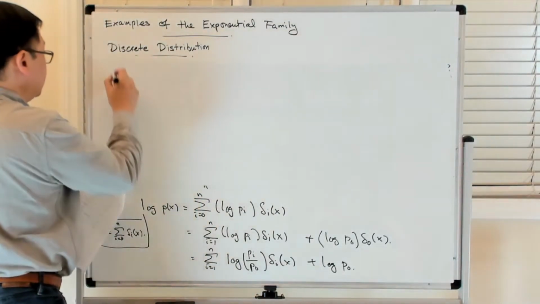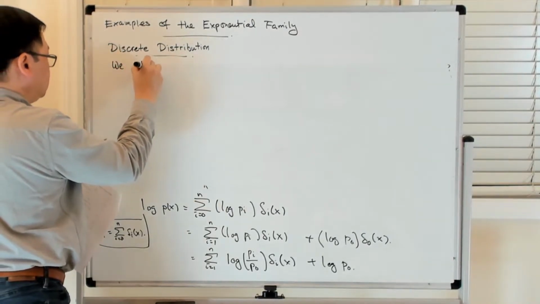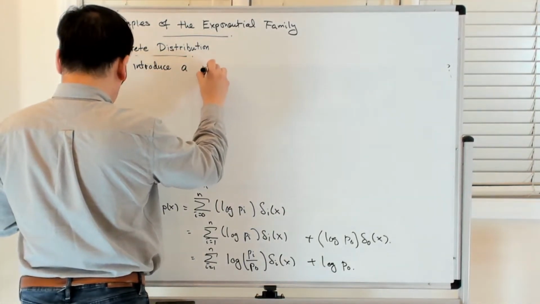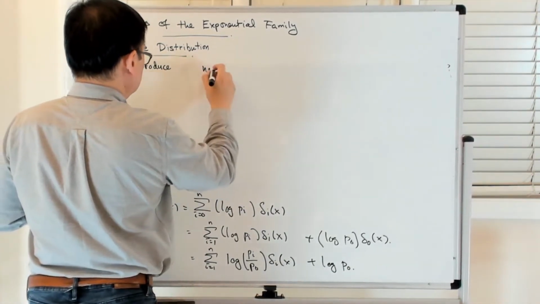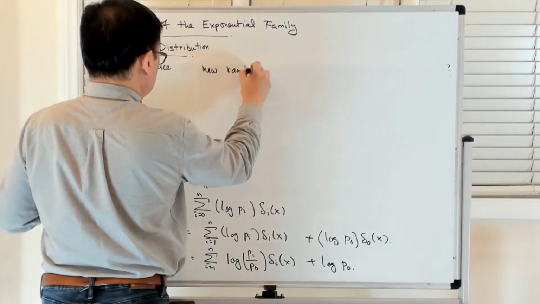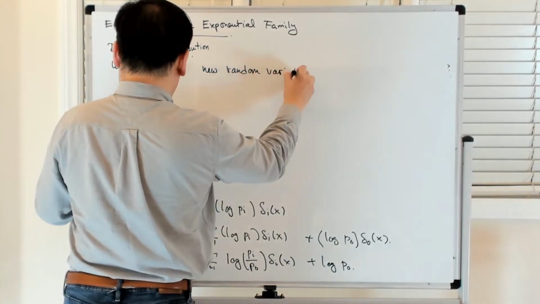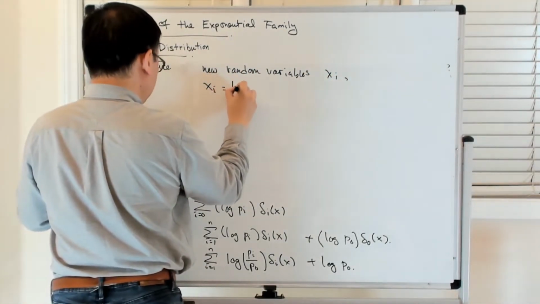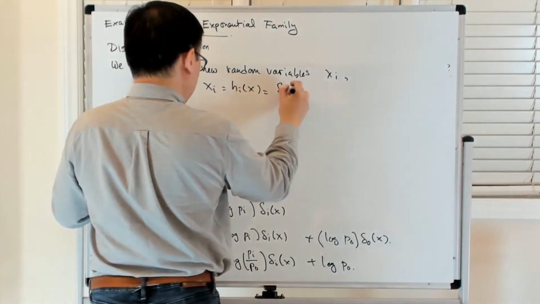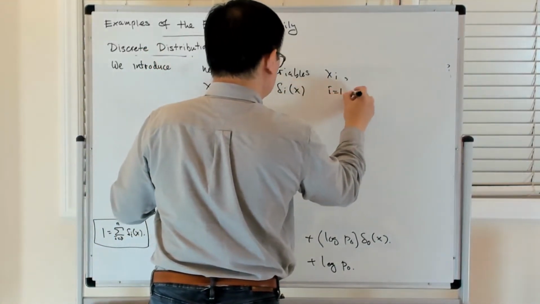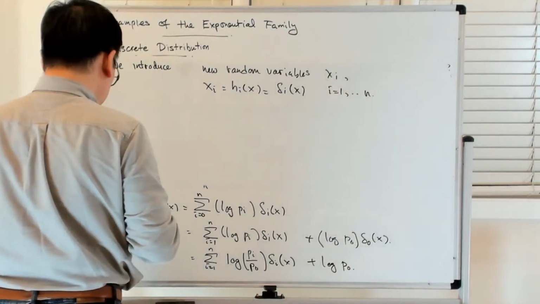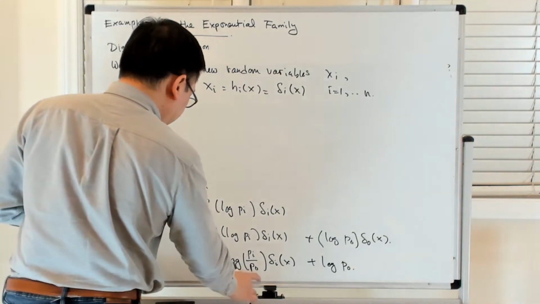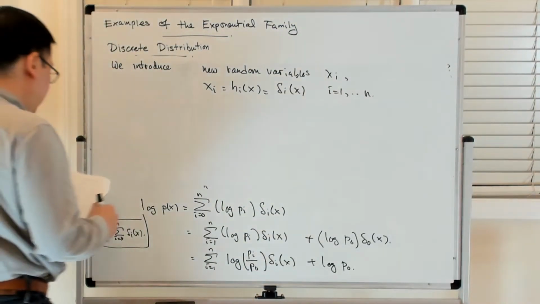Okay, so we introduce new random variables. Let's call it xi, where xi is equal to hi of x, which is delta i of x, and i goes from 1 to n. And then you have new parameters, which are these log pi divided by p0 terms.